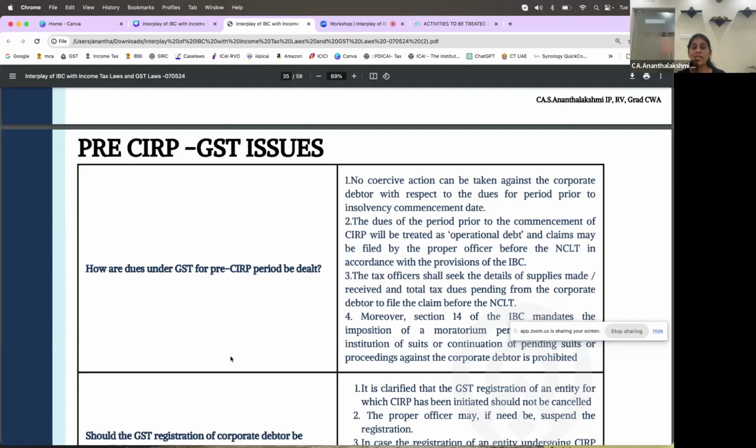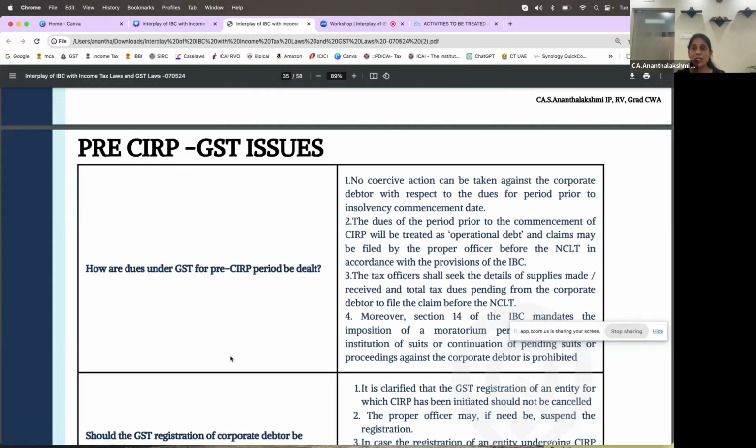We know very well we are responsible only from the date we have been appointed as an RP or IRP. The first question is: am I liable for the earlier period? Strictly no. What is given here is that no coercive action can be taken against the corporate debtor with respect to the dues for the period prior to the insolvency commencement date. If you receive any notices with regard to the earlier period, kindly quote this.